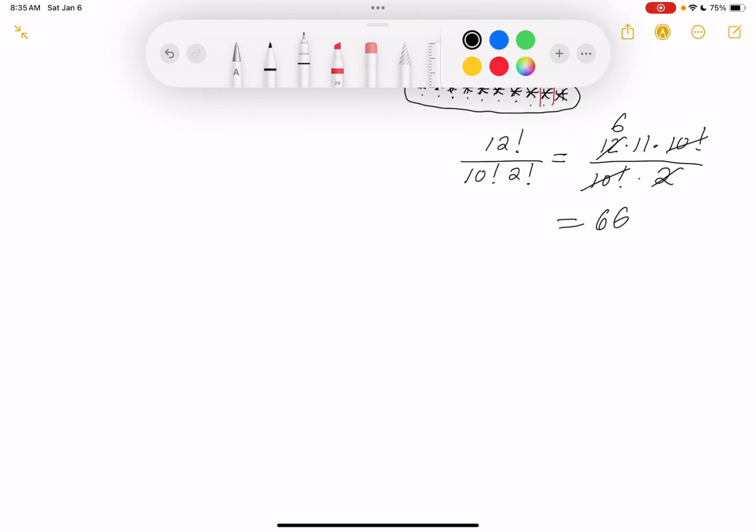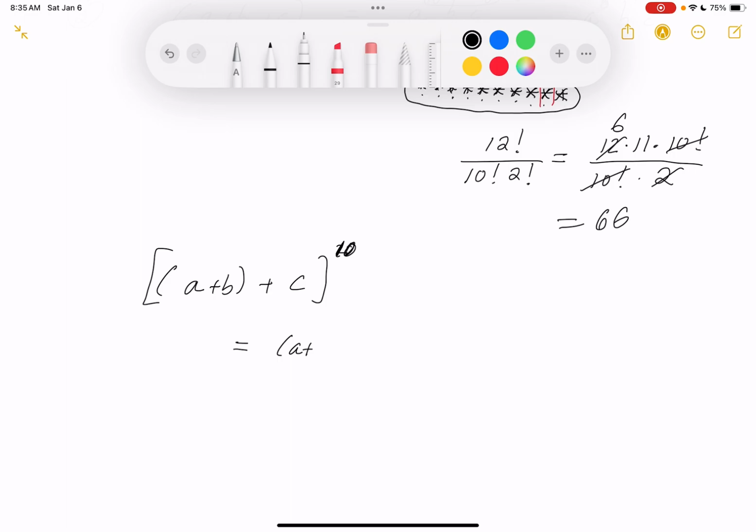Let me do it another way. The other way I'll do it is just relate it back to a binomial. So A plus B plus C, to the 10th power. Well, if you thought about it, it's a binomial expansion.